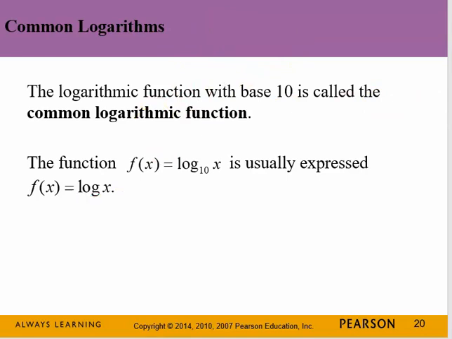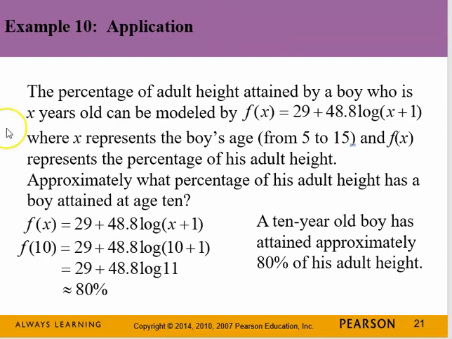Let's go on to an example now. The percentage of adult height maintained by a boy who is x years old can be modeled by this logarithmic function, where x represents the boy's age from 5 to 15, and the output represents the percentage of his adult height.